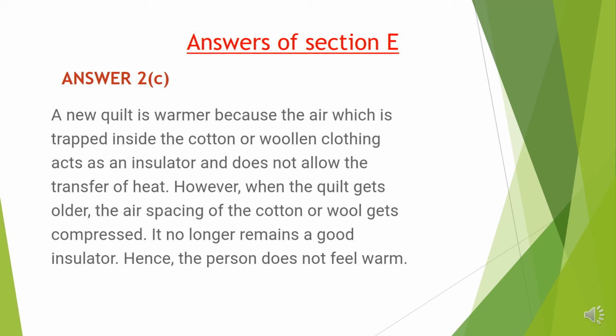In the new quilt, there are many air spaces as the cotton is fluffy at that time. However, when the quilt gets older, the air spacing of the cotton or the wool gets compressed, or we can say that there are fewer air spacings in between. So it no longer remains a good insulator, and hence the person does not feel warm.